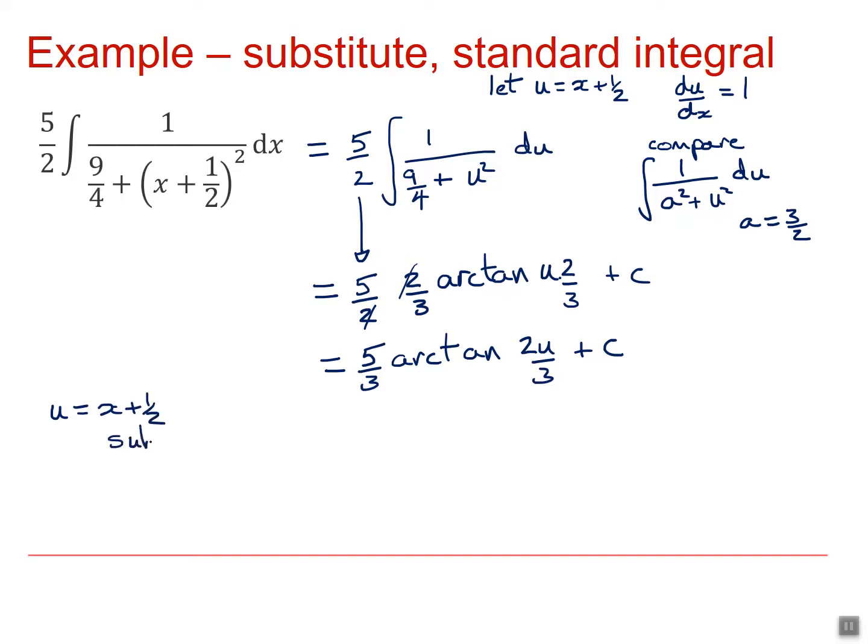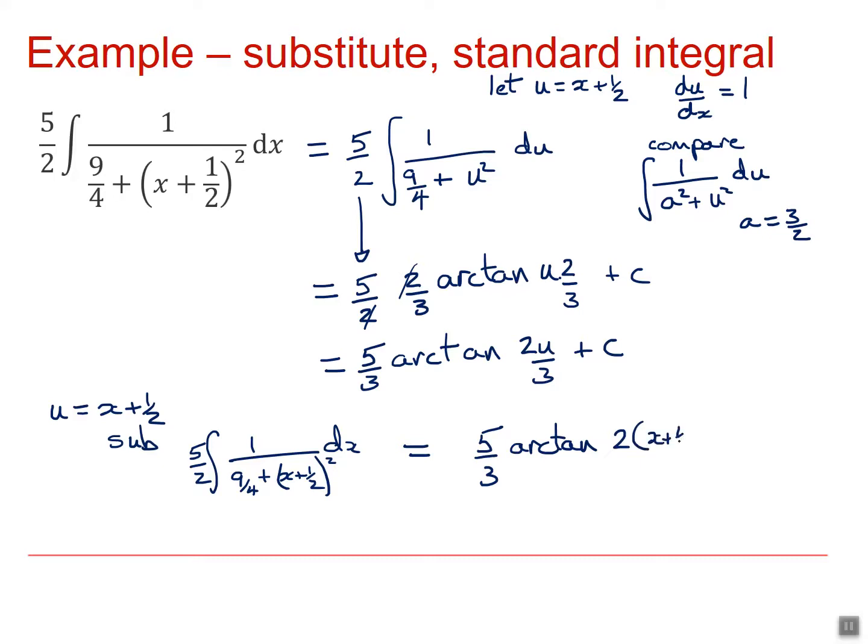And so I can substitute that back in to give me that my integral, so this is the original integral here, 9 over 4 plus x plus a half squared dx, is equal to 5 over 3 arc tan twice x plus a half over 3 plus c.